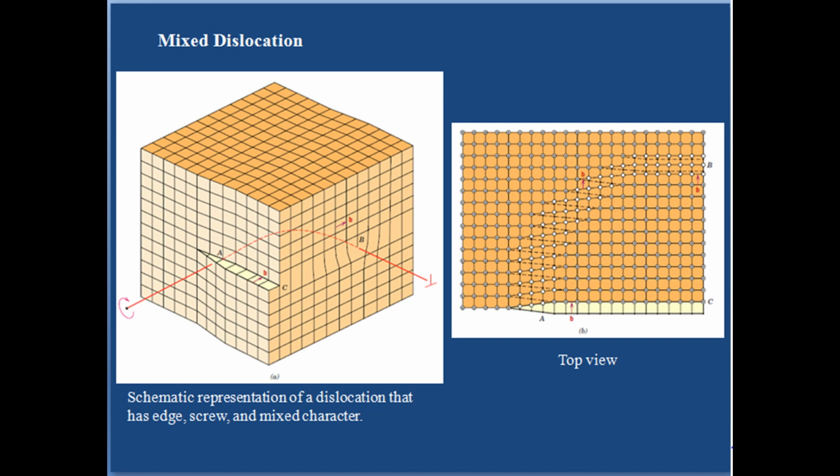Furthermore, the nature of a dislocation, that is edge, screw or mixed, is defined by the relative orientations of dislocation line and Burgers vector. For an edge, they are perpendicular, whereas for a screw they are parallel. They are neither perpendicular nor parallel for mixed dislocations. This is all about the mixed dislocation.